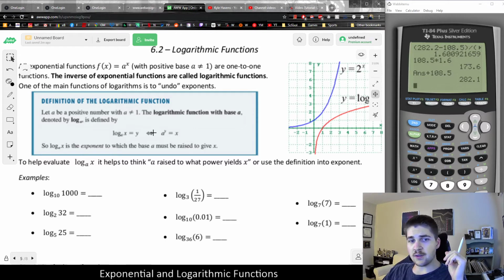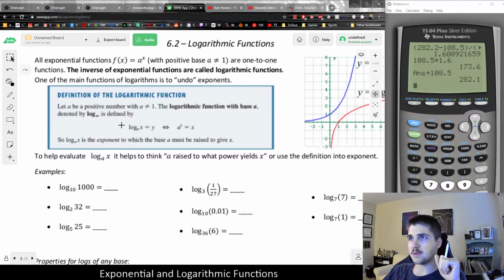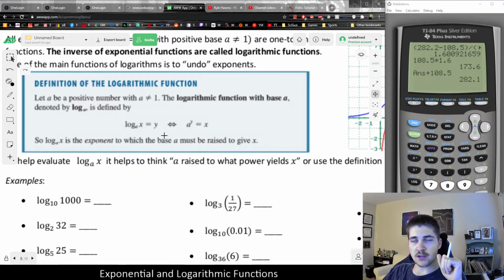If we look at the way log base a of x is defined, this arrow is called the if and only if arrow in math, which is just a way of saying that if this is true, then this must also be true, and vice versa. If one is false, the other is also false. Basically, it's an equivalency statement between these two expressions.